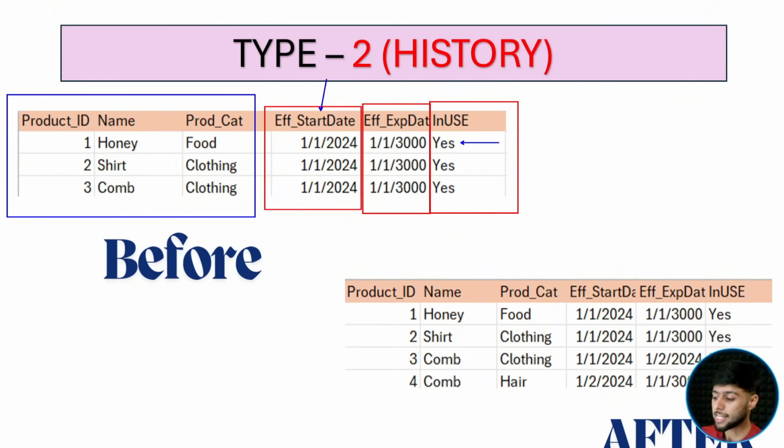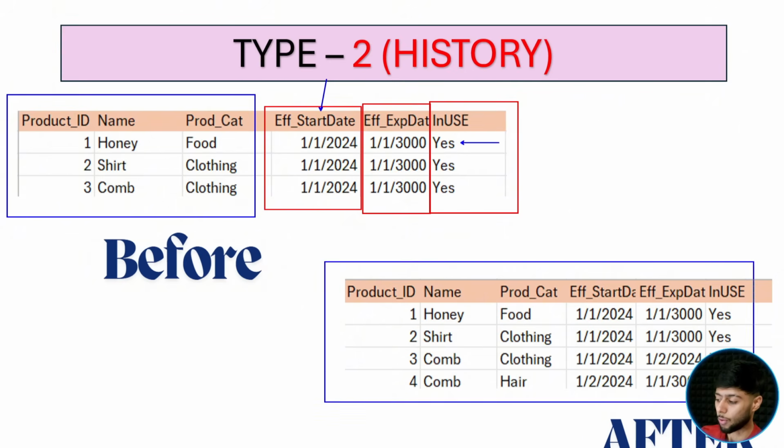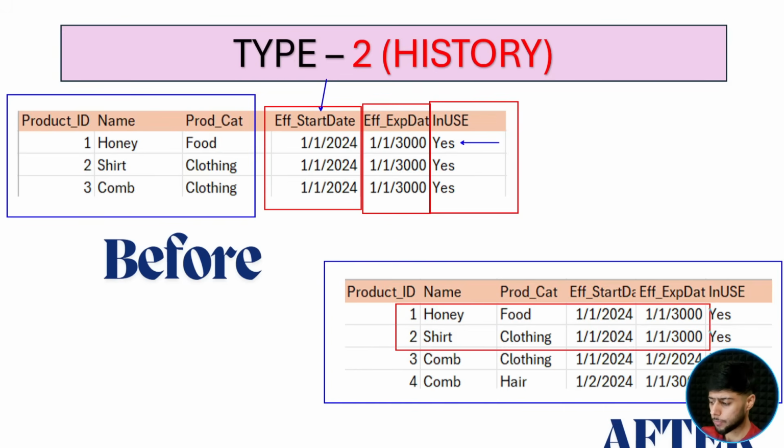Now just see this. These two records are fine. For comb, we have inserted a new record. Why? Because the previous record says that it is of no use now. Say no. And now you will see the expiry date as well. Expiry date is 2nd of January 2024.